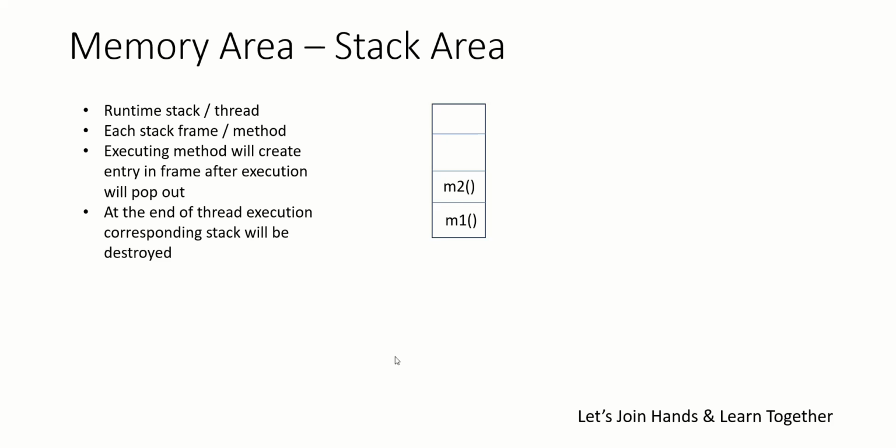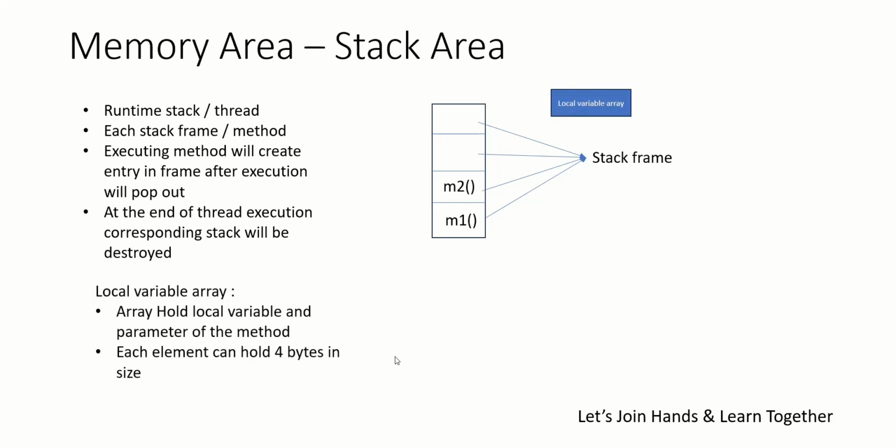As I already told, each entry is called a stack frame, and inside each stack frame we have three more entries. The first is the local variable array. We have seen methods like get student name, and also a constructor method, right? There we passed parameters and also used some local variables.